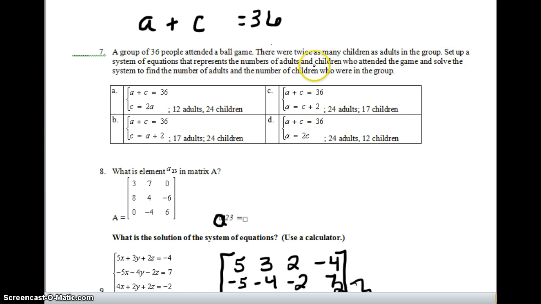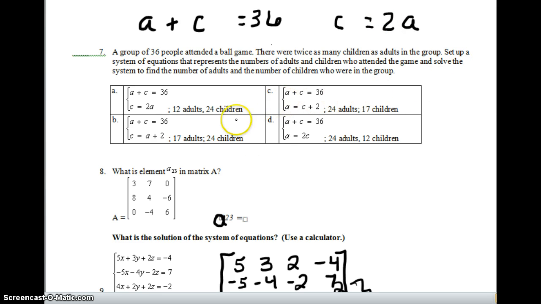So now let's take a look at the idea of twice as many children as there are adults. So if we have children over here and adults over here, and we have twice as many children as adults, that means the children are going to be more. So to make the children equal to the adults, we have to multiply the adults by 2.